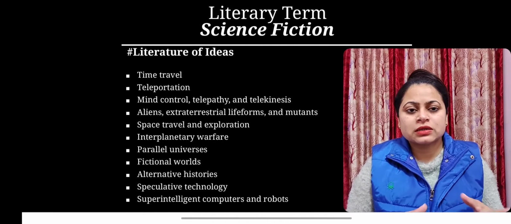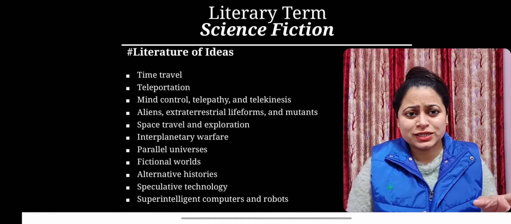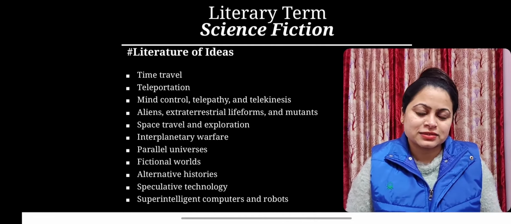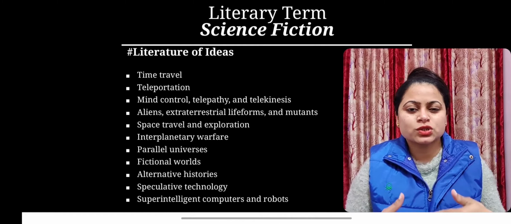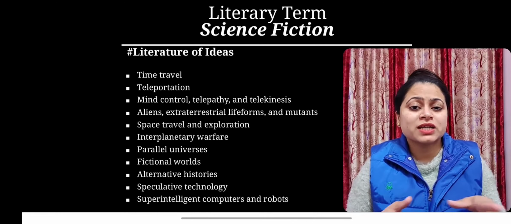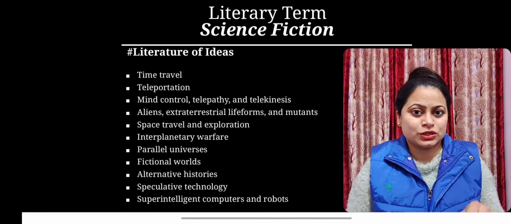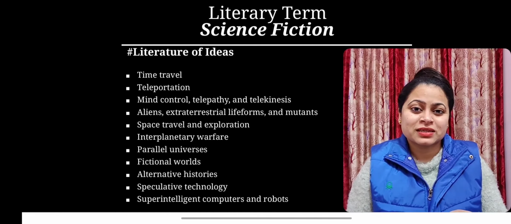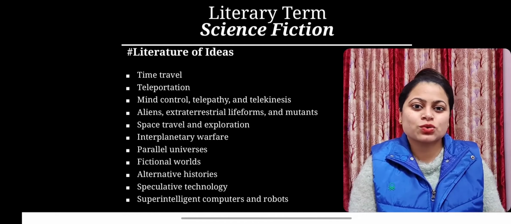So after watching this variety of elements, we can state that science fiction is a genre of imagination, possibility, and innovation, where authors use real science to create fictional stories.